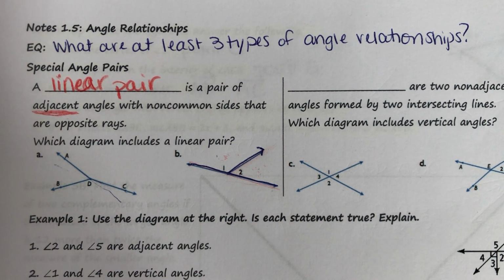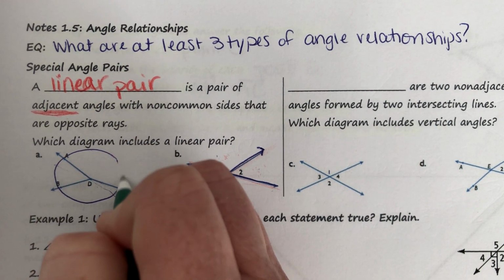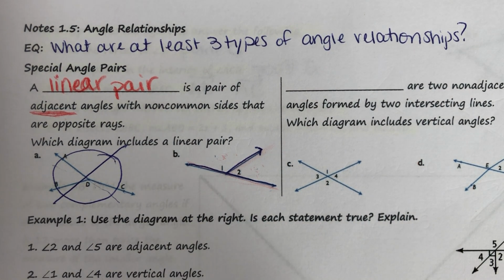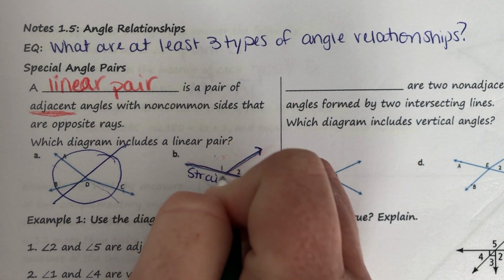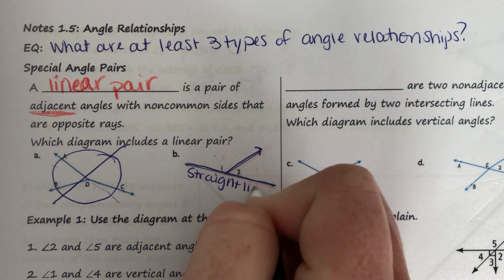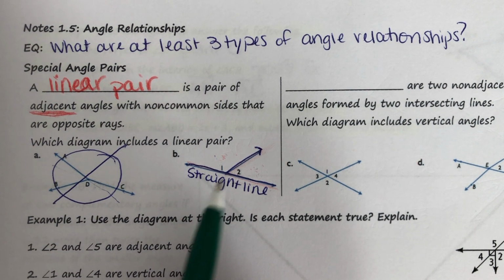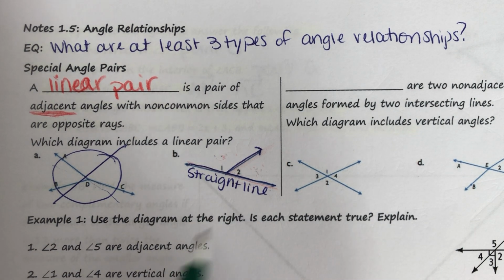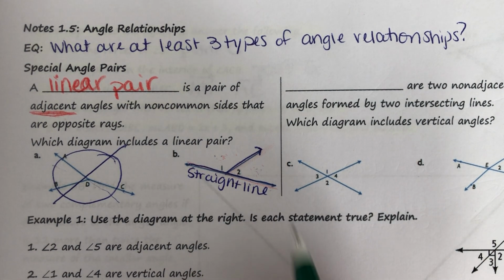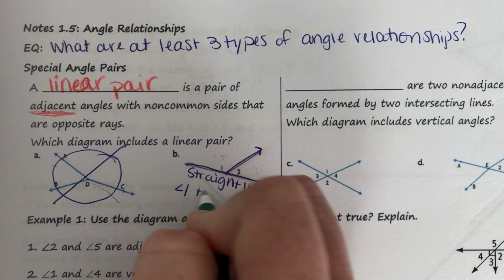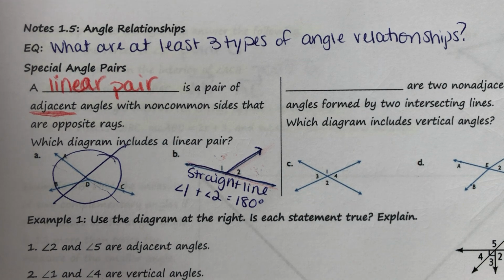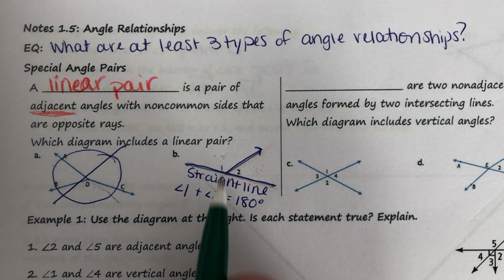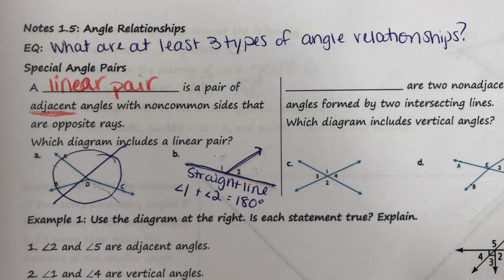Looks like they're bent or broken off. So we're going to eliminate this one. That's not correct. But this one is. So here's our straight line. Basically you just need to remember that a linear pair is two angles next to each other that add up to 180 degrees. So angle 1 plus angle 2 equals 180. And that's all you got to know about a linear pair. Two angles side by side make up a straight line.